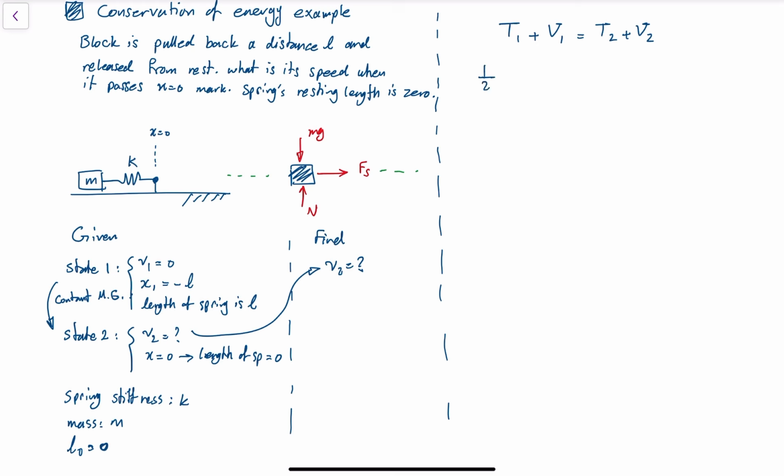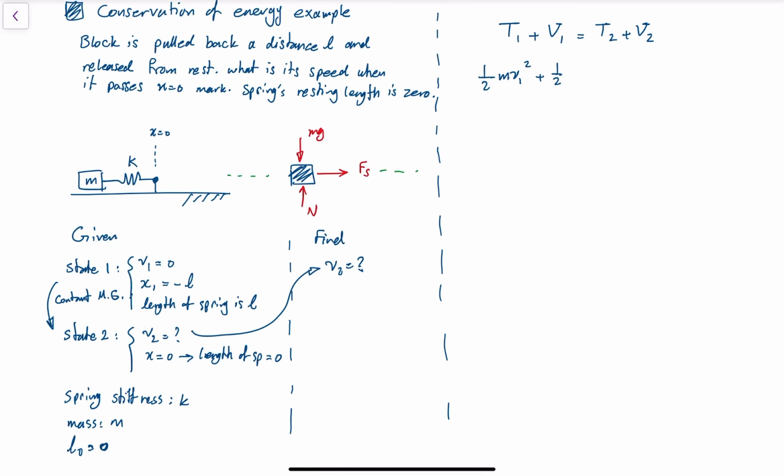So 1/2 m v1 squared plus, for the potential energy, the only source of potential energy that is relevant here is the spring, because my height doesn't change, so there is no change in gravitational potential energy, so I don't bother write that down.